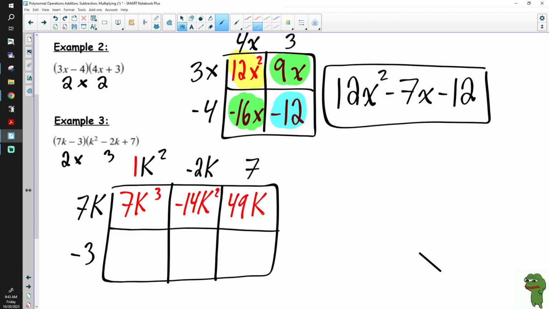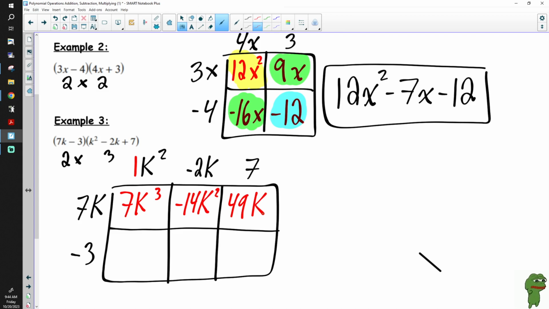Oh, bottom row. Not everything will have a k, but that should have a k to the... Yep. Yep, there will be no k. Yes, when you write your answer.